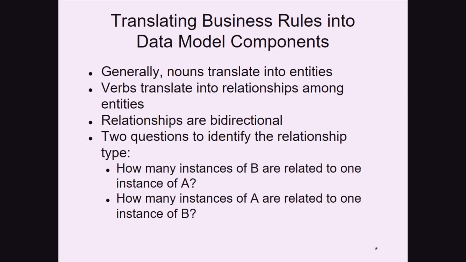Let's have an example of nouns: a student, a teacher, a class. Those are nouns. What are verbs? Let's say a student can enroll in a class. So the verb here is enroll. We can explore more about that, but take note of this: nouns can be your entities, and verbs can be your relationships.